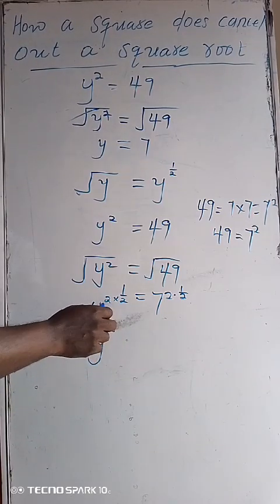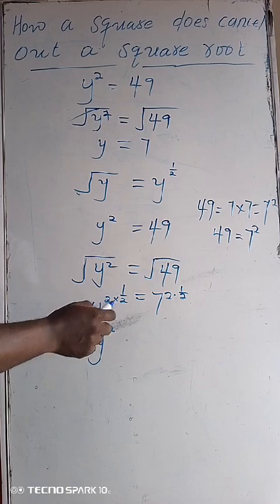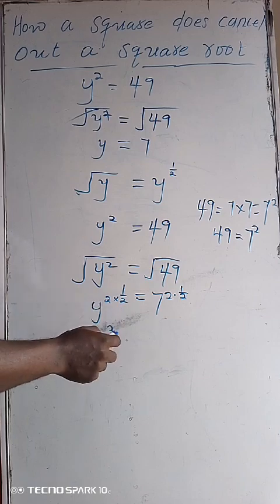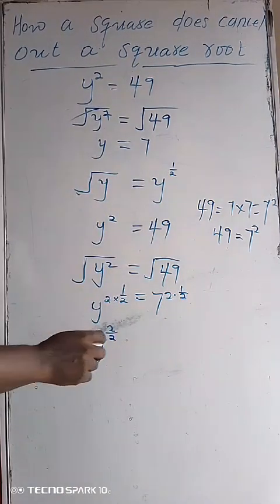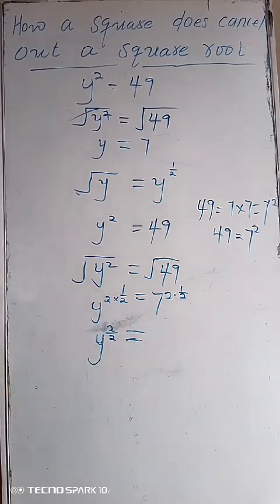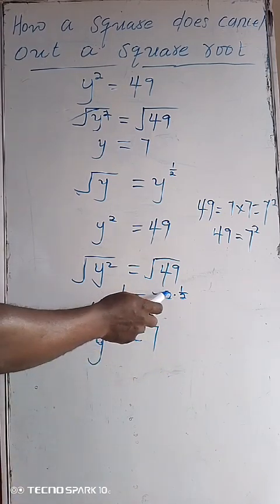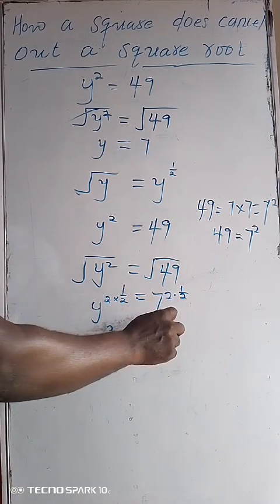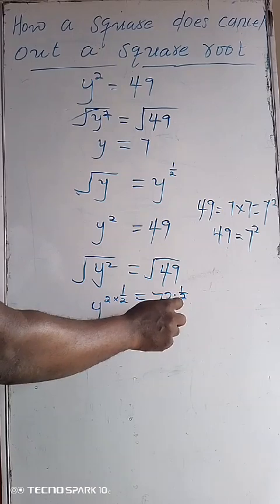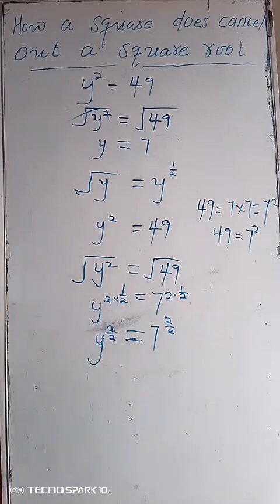Don't forget that it is a whole number, so every whole number is being divided by 1. So the denominator is going to be 1, and 1 times 2 will also give me 2. Don't forget all of them are exponents. At the right hand side, we have 7, with the same thing: 2 times 1 gives 2, and the denominator 1 times 2 also gives 2.